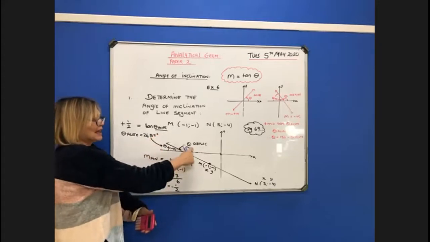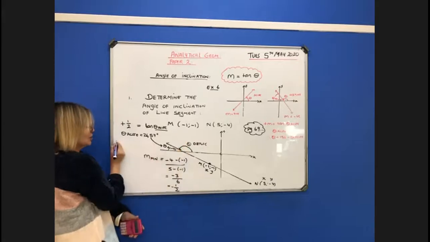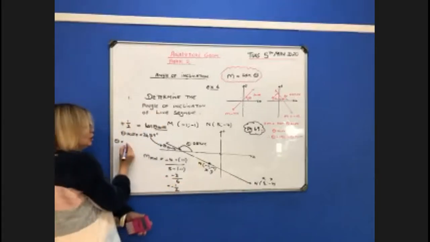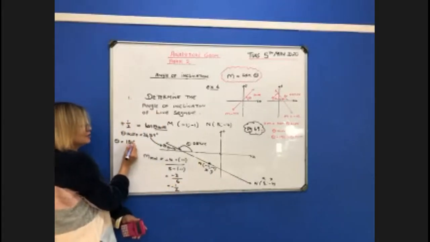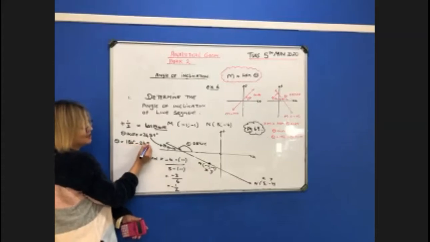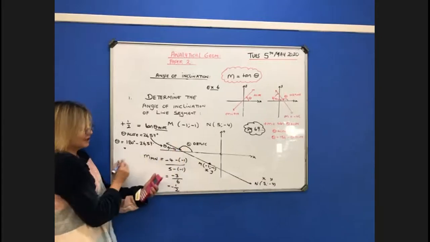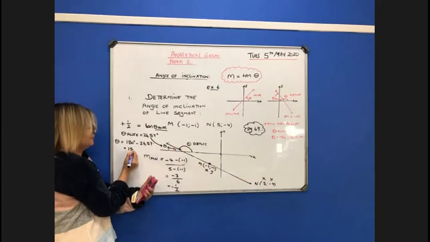So your angle of inclination is going to be an obtuse angle because the gradient is negative. You're going to go 180 degrees minus 26,57. If I do that on my calculator, this angle of inclination will be 153,43 degrees.